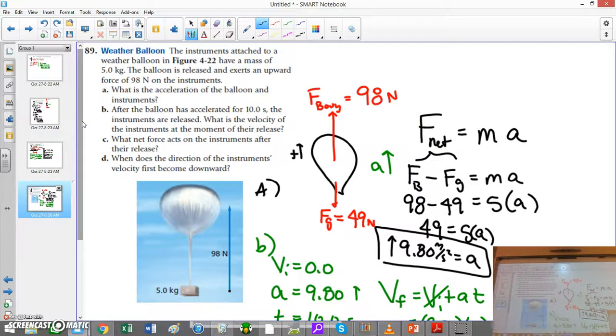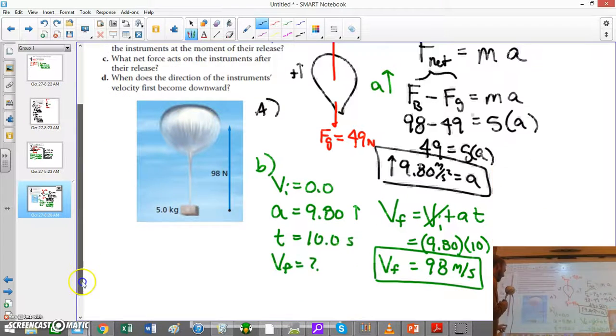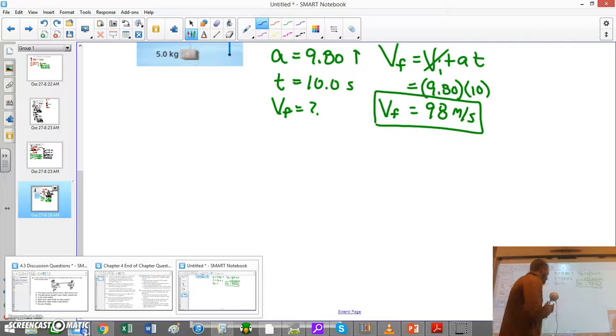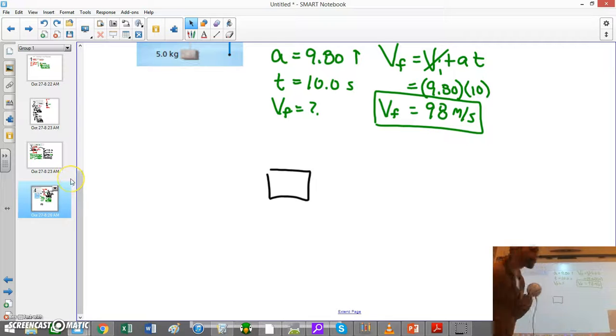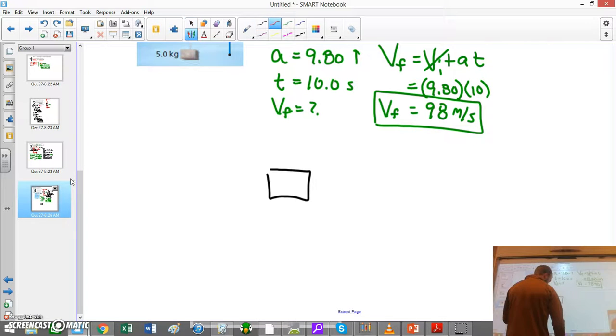Part C, what net force acts on the instruments after their release? So after these instruments are released, what net force is acting on them? Well, they're no longer being pulled up by the buoyant force.